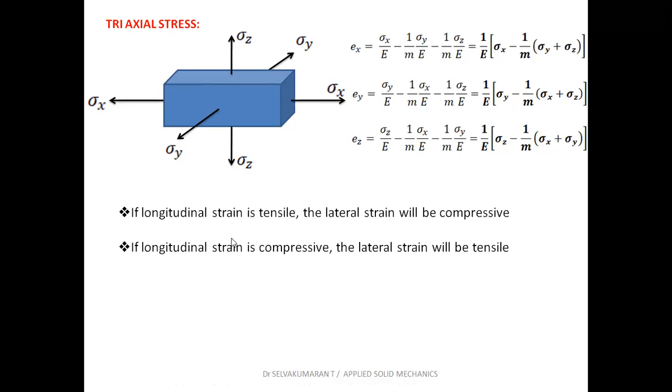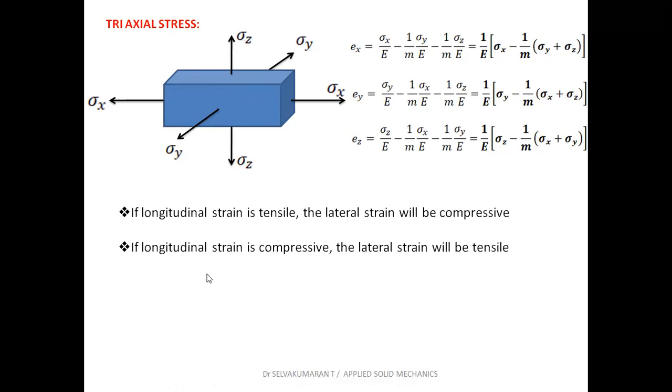So if longitudinal strain is tensile, the lateral strain will be compressive. That is, if x is tensile in x direction, y and z will be compressive. For example, if y is tensile, the z direction and x direction lateral strains will be compressive.